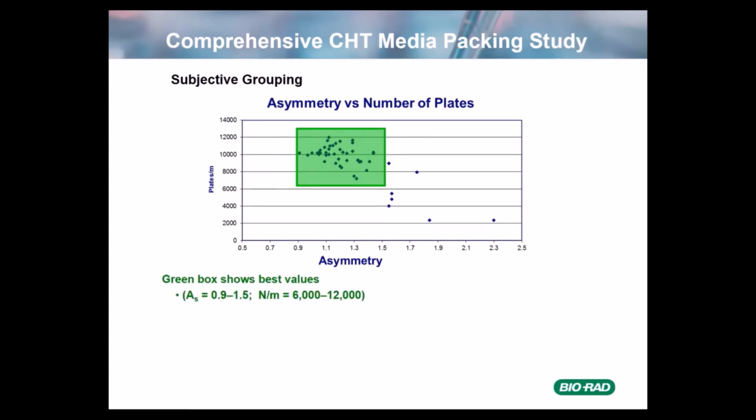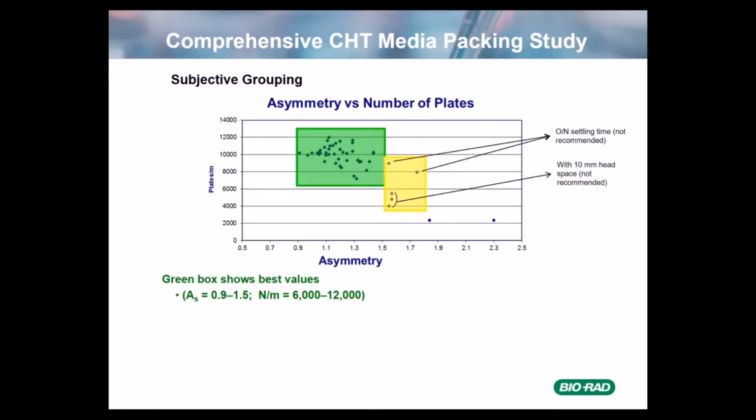This region has an asymmetry between about 0.9 and 1.5 and about 6,000 to 12,000 plates per meter. Again, you should look at your own process development studies and from them draw the data that will show you what your minimum HETP value is and also what asymmetry range you will find acceptable in your own process.